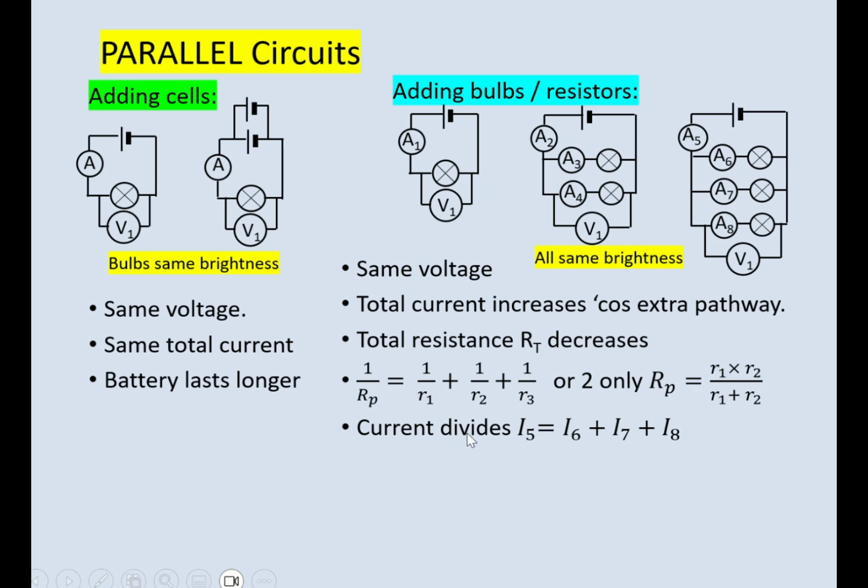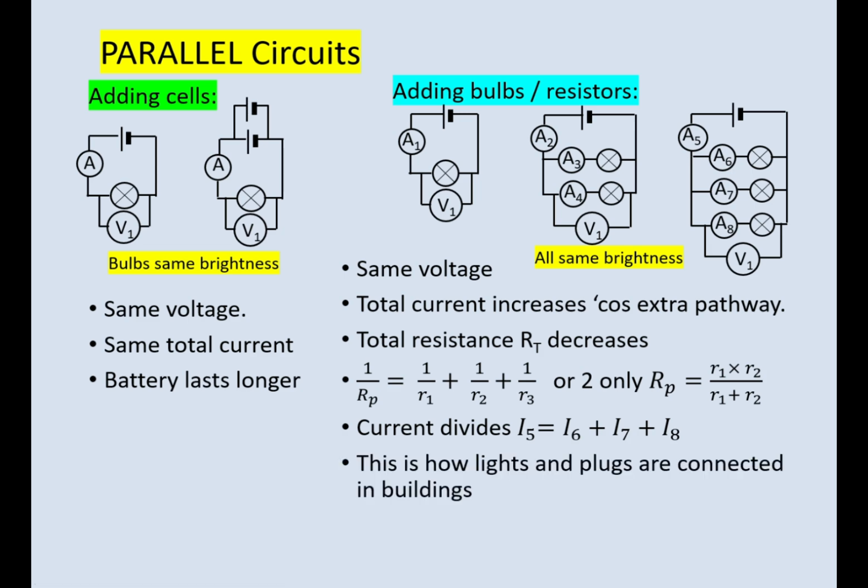What does happen, though, is the current divides. So if ammeter A5 is measuring the current I5, and these are each measuring currents I6, I7, and I8, if you add those 3 up, it must equal the current in that portion. That's the total current. This is how lights and plugs are connected in buildings.